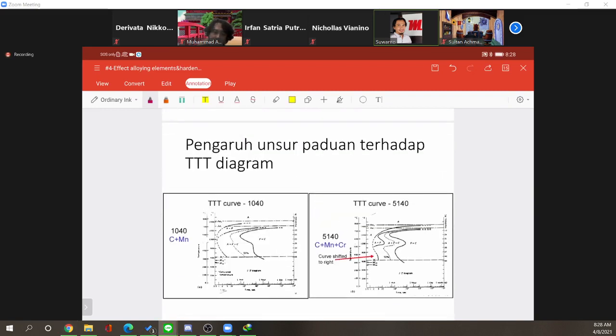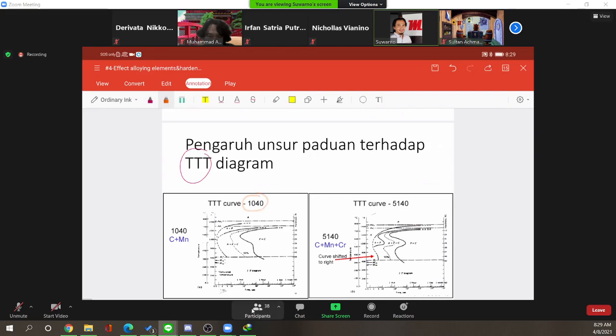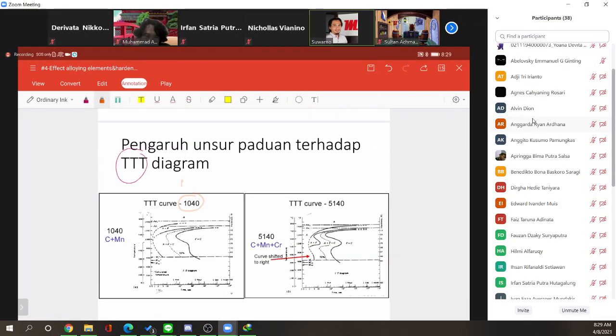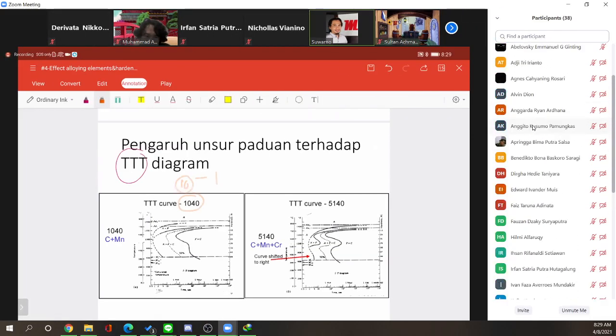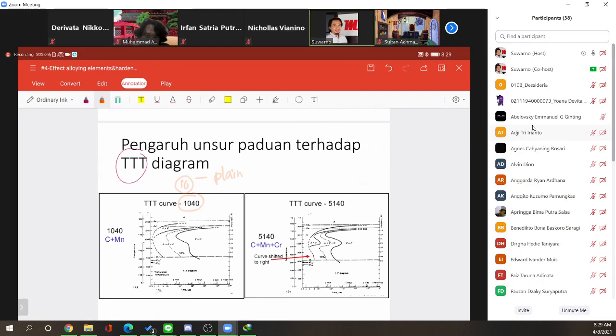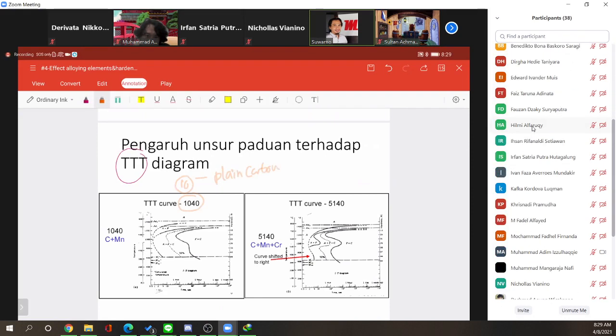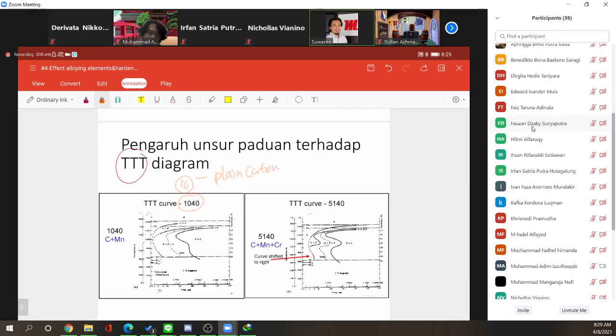So how about the effect of alloying elements on the TTT diagram? We already discussed a little bit about it, but let's see in detail. For example, we have plain carbon steel, 1040. The 10 means this is plain carbon. Plain carbon means there is no additional alloying element other than carbon, just carbon.